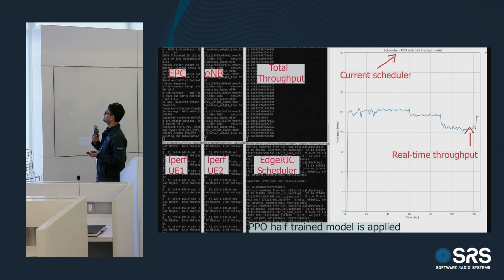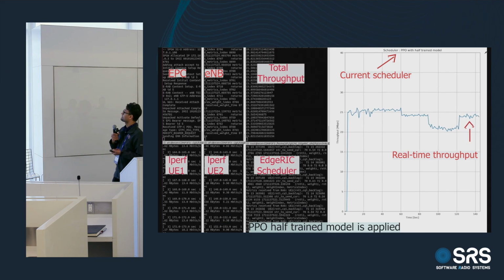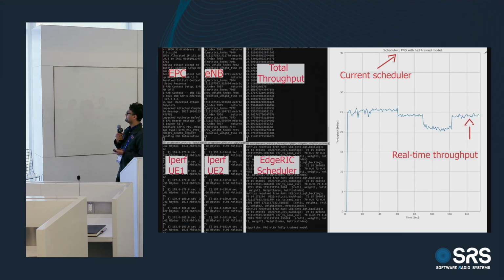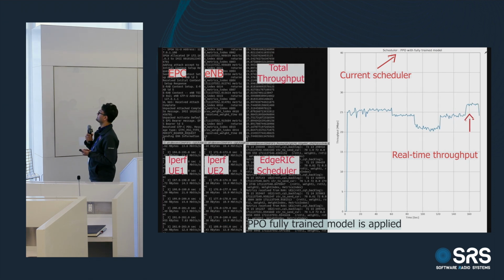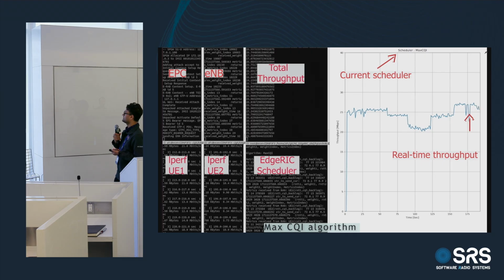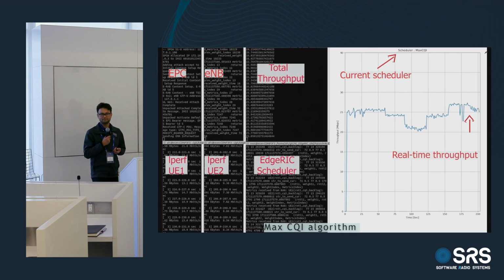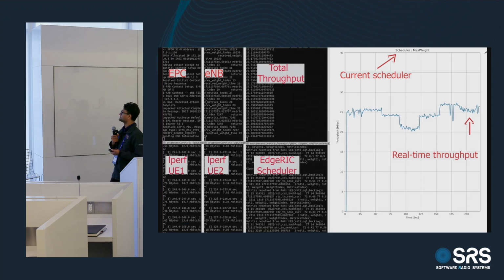works poorly. But when we update the scheduling policy using reinforcement learning, you will see that in real time the throughput really goes up. So this is our RL policy, which is running with a fully trained model, and this provides the maximum total throughput between the 2 users.